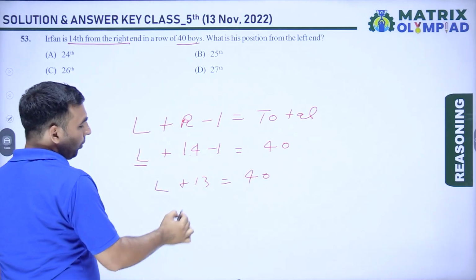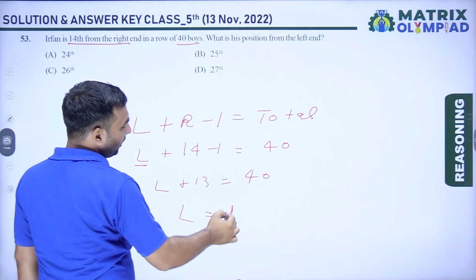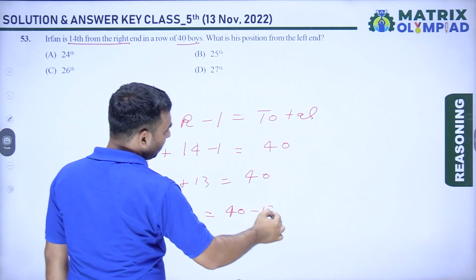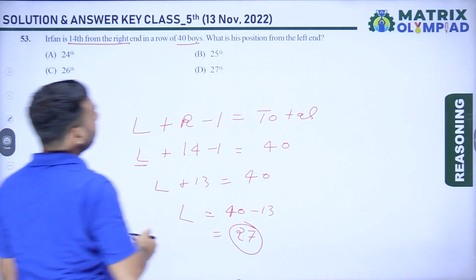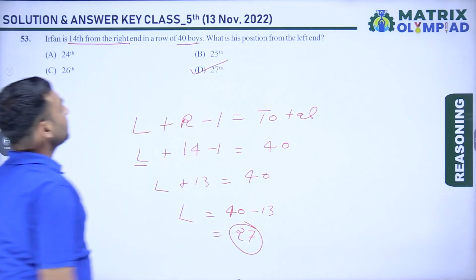If we find the value of left, then 40 minus 13 is equal to 27. Option D is the correct answer.